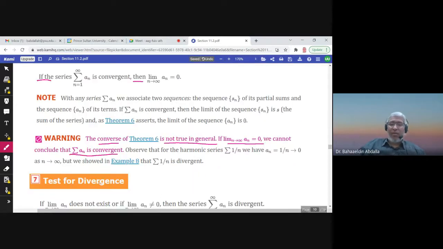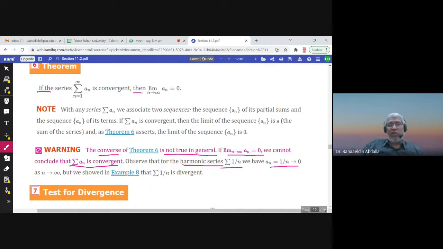For example, the series summation 1 over n, this is the harmonic series, and this series is divergent, although an is 1 over n, and the limit of an when n goes to infinity is 0. So the limit of an is 0, but the series is divergent.